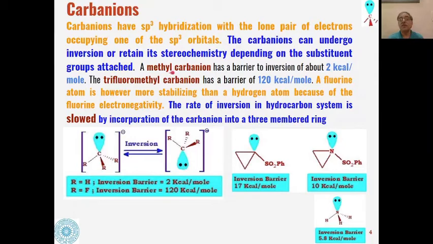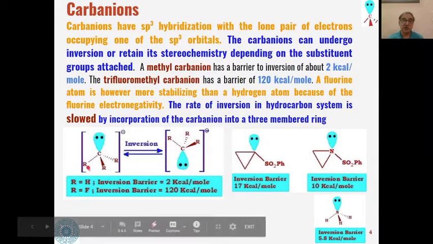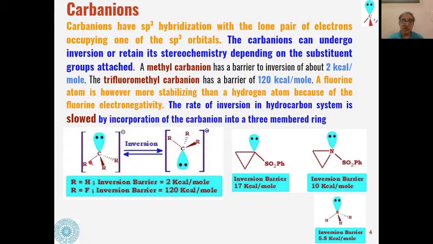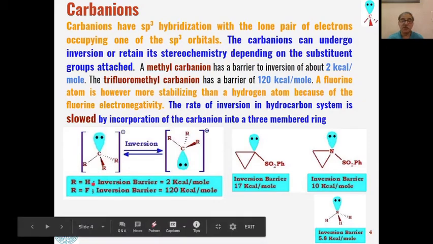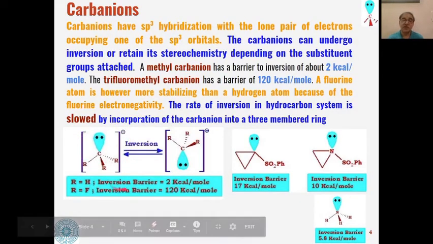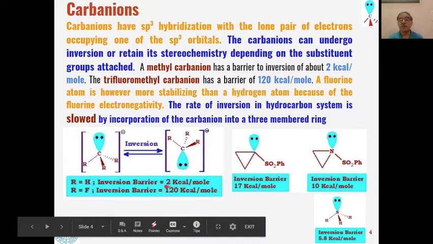For example, if we have a methyl carbanion, where these R groups are equal to H, then the amount of energy required for inversion is 2 kilocalories per mole.